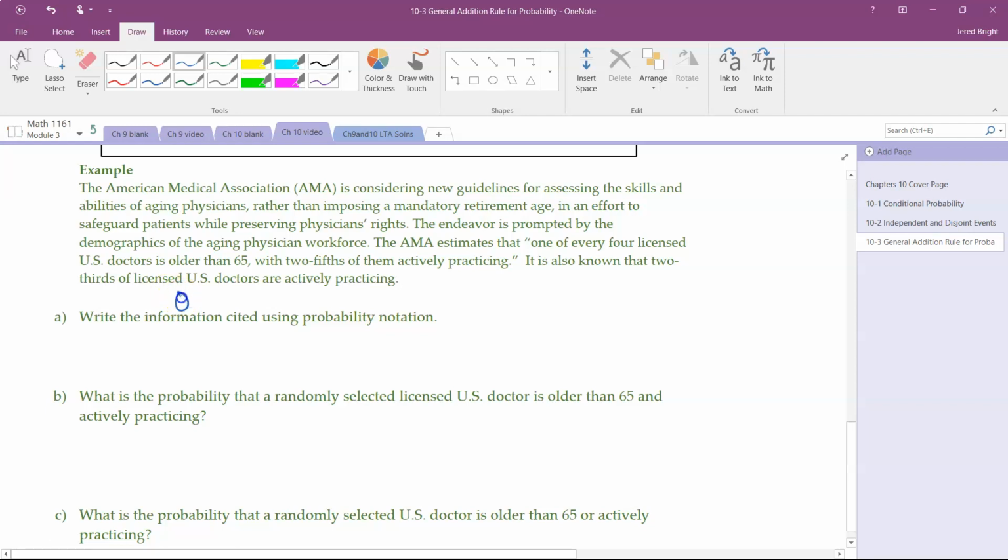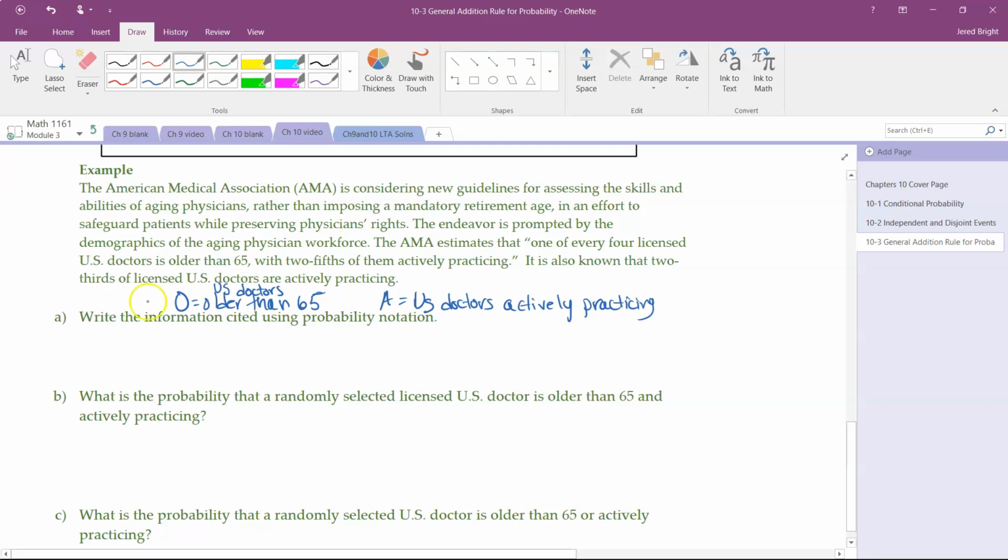I'm going to use O as the event for U.S. doctors older than 65, and I'm going to say that A represents U.S. doctors actively practicing. All these numbers, I actually looked them up. They're all true, which is kind of interesting.